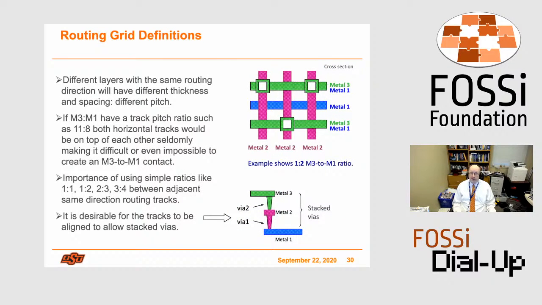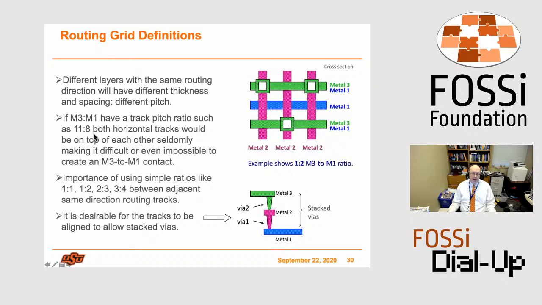Another important process of the routing is the creation of the grid. The grids are used to easily compute all the computations from contact to contact. So different layers with the same spacing direction will have different thicknesses and spacing, AKA different pitches. So we try to create that spacing between each of them so that they have an easy route between the different metal layers.